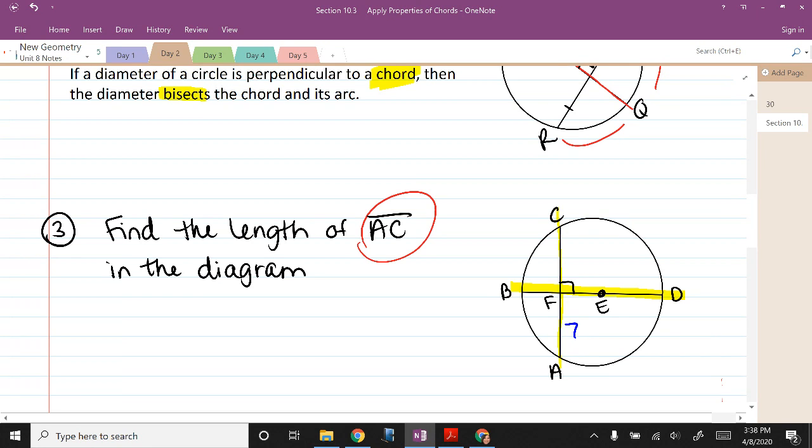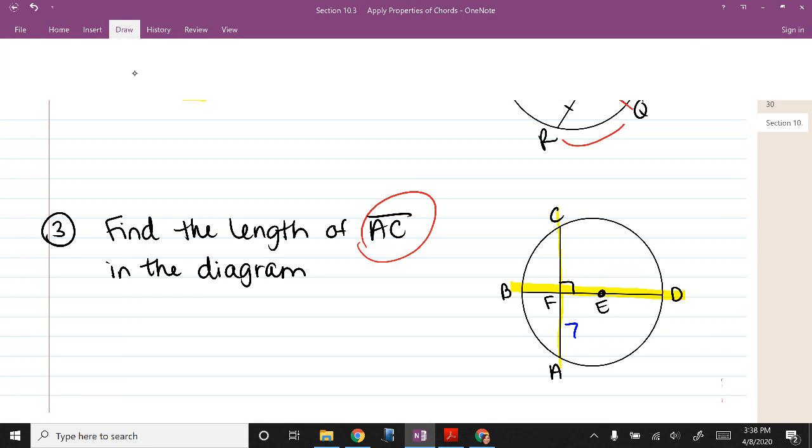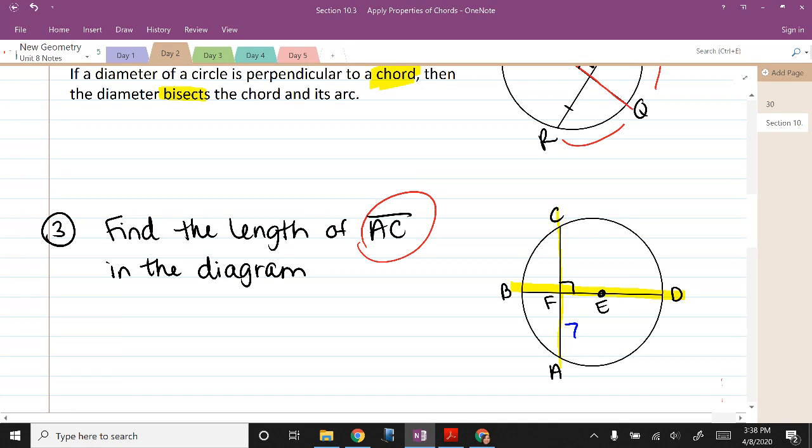So that means it's being bisected by it. So if this segment over here is 7 units, and this segment right here is 7 units, the entire chord is going to be 7 plus 7, which is 14 units across. So the length of segment AC would be 14 units because the 7 is going to be duplicated on the other little segment.